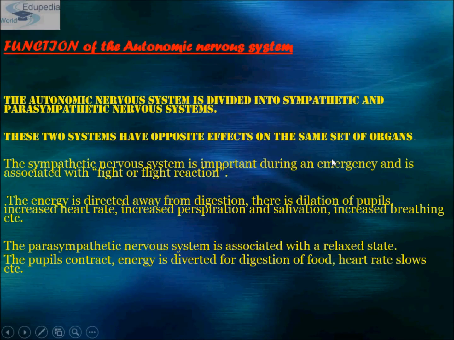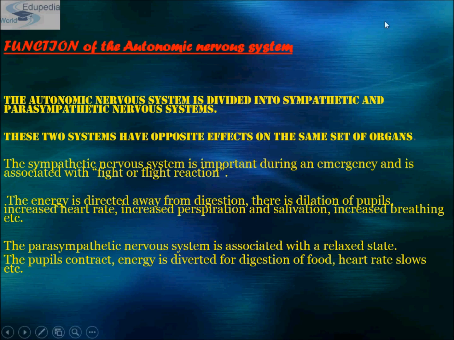Now, what are the functions of the autonomic nervous system? The autonomic nervous system is divided into the sympathetic and parasympathetic nervous systems, and they have opposite effects on the same set of organs. That means if one is accelerating the flow of saliva, then the other will definitely inhibit it.